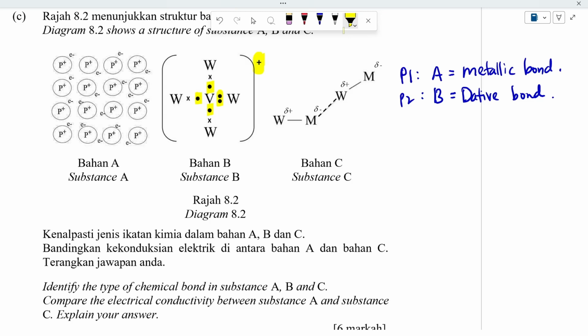Then it is a dative bond. Now about this, if you see this, it will be hydrogen bond. C will be hydrogen bond.